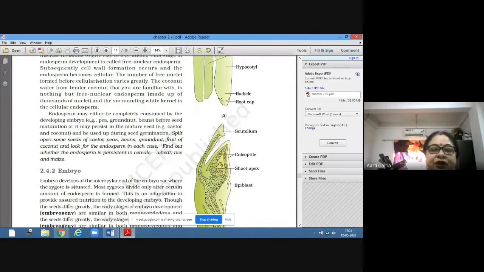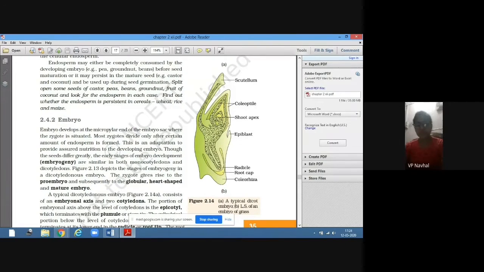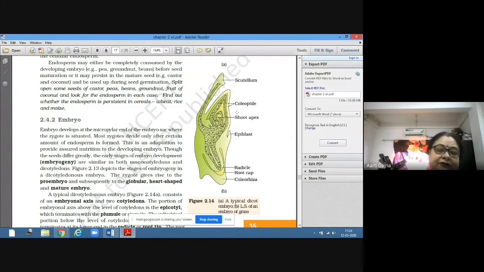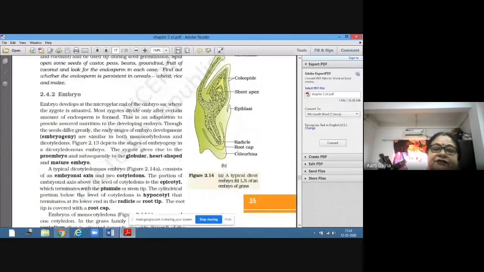This is the epicotyle, and the portion of epicotyle is the plumule, because this is going to give rise to the shoot. But here it is called coleoptile. And there the hypocotyle was present, which is giving rise to root cap and radicle. Here it is coleorhiza, which is enclosing radicle and root cap. Clear?